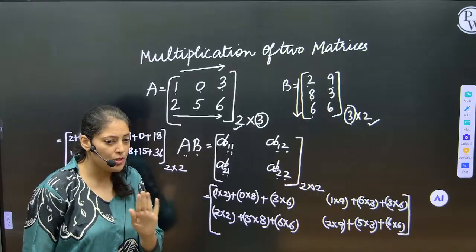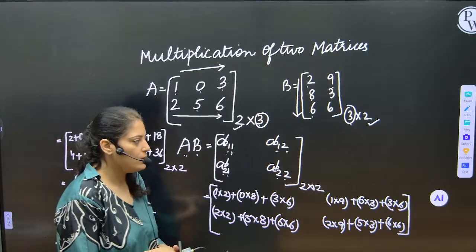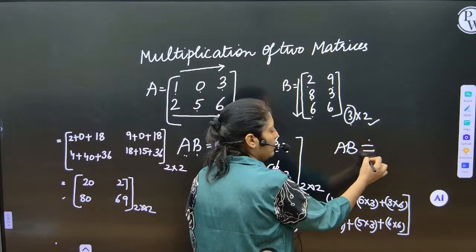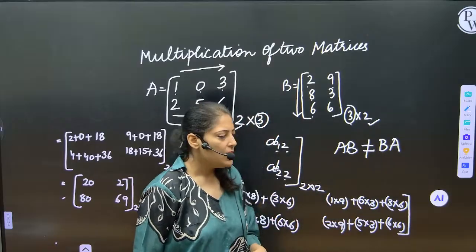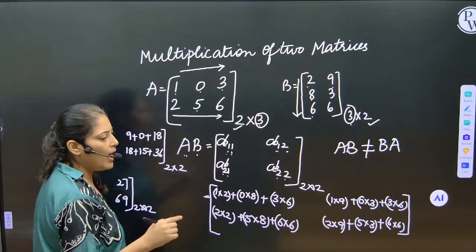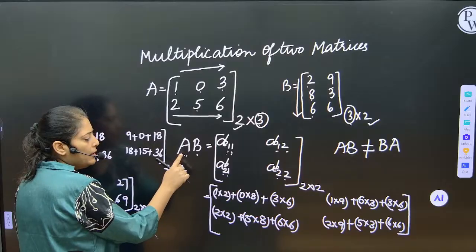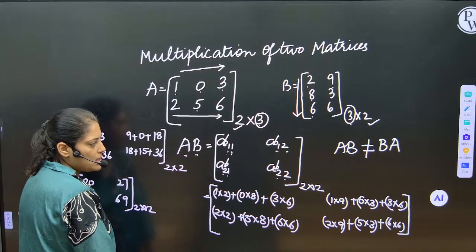AB is not equal to BA. Two matrices, it is not necessary that AB will always be equal to BA. Those are particular cases that we'll discuss later on. It is not necessary. So the answer may vary. The answer will vary, in fact. So now the number of columns should be equal to the number of rows of this.